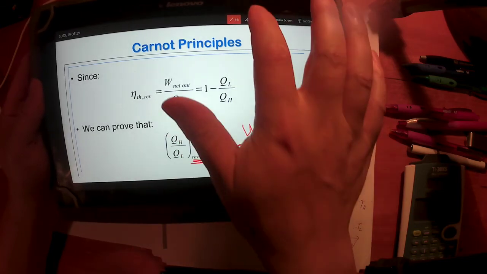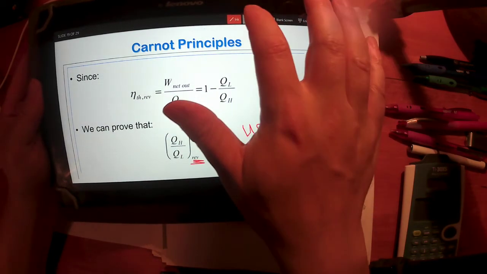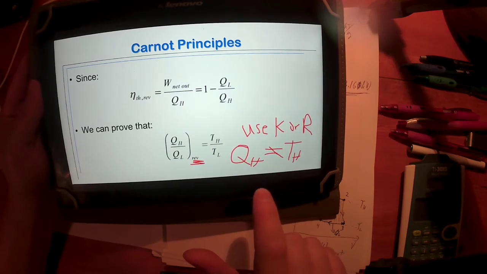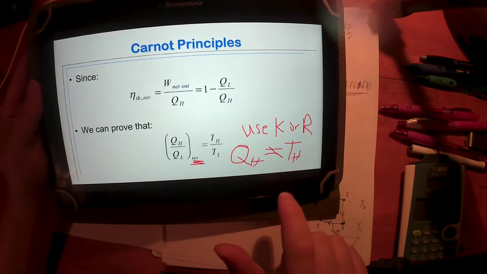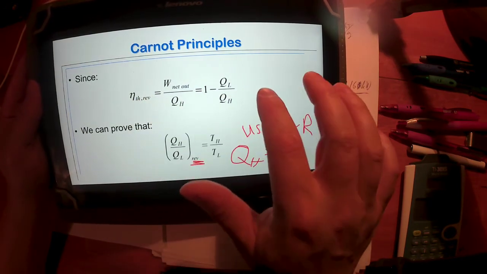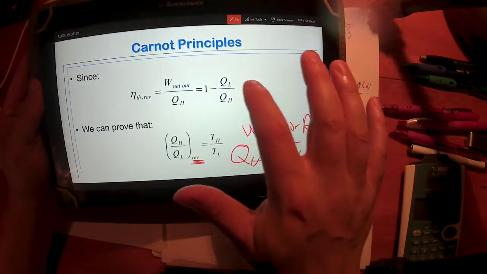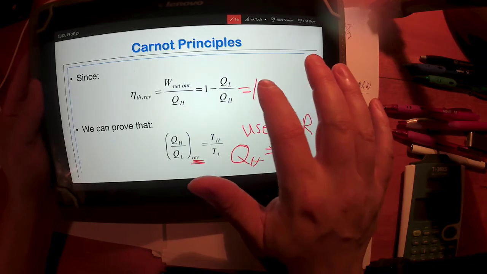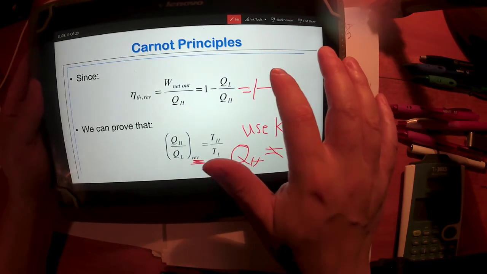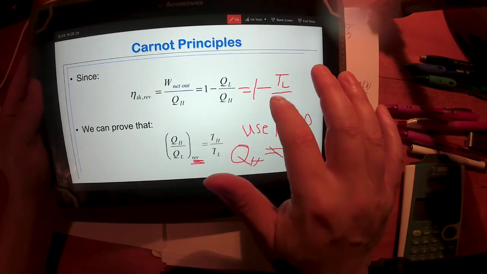Right, so if I have a reversible engine, a Carnot engine by definition is reversible, and this ratio is equal to this ratio, and that means this efficiency then becomes the maximum efficiency, and we can determine that maximum efficiency as 1 minus TL over TH.